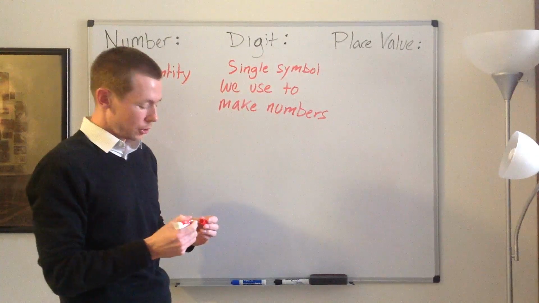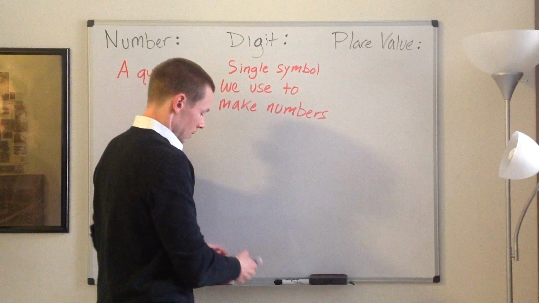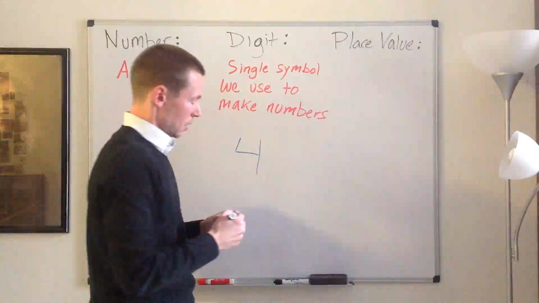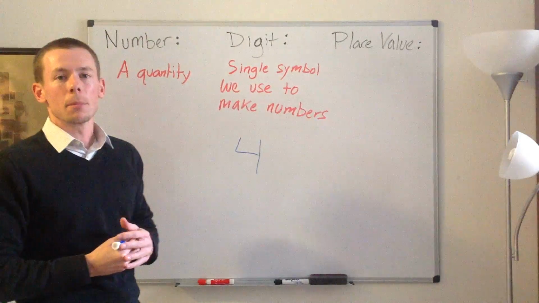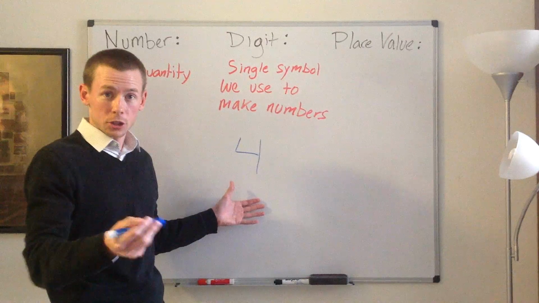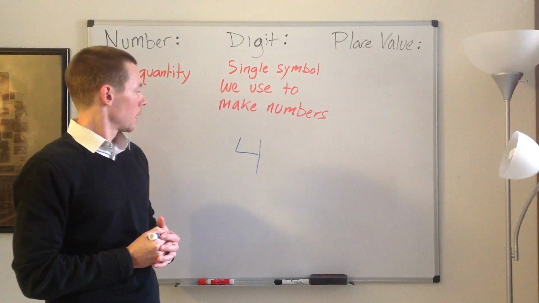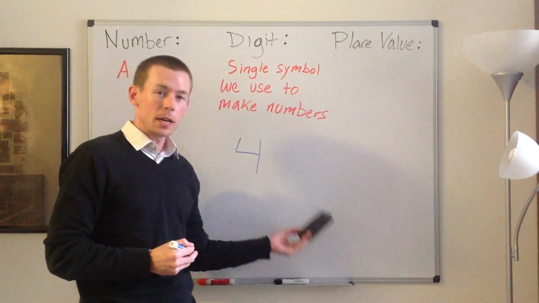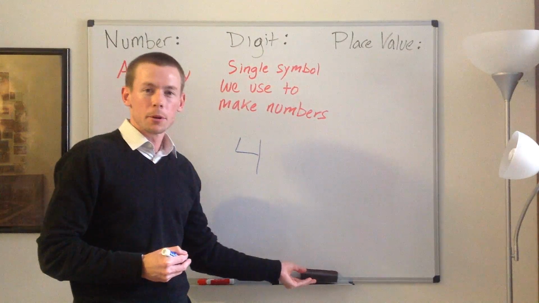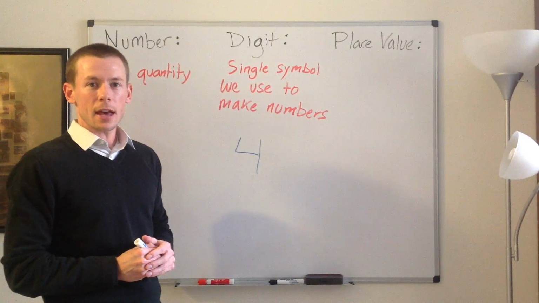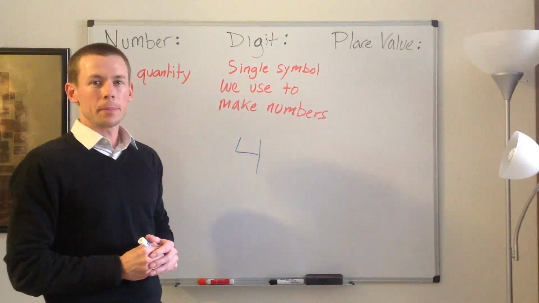So now what I want you to do is see if you can change this number 4, pretend you have it written on your paper, or actually write it on your paper, without erasing it. In other words, I don't want you to just pick up an eraser, erase it, and write the number 3. That's not what I mean. I want you to see if you can change that without erasing it.